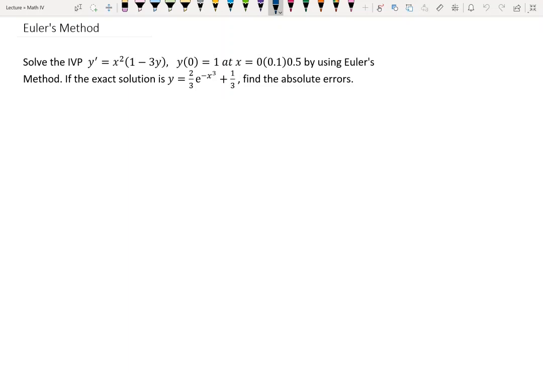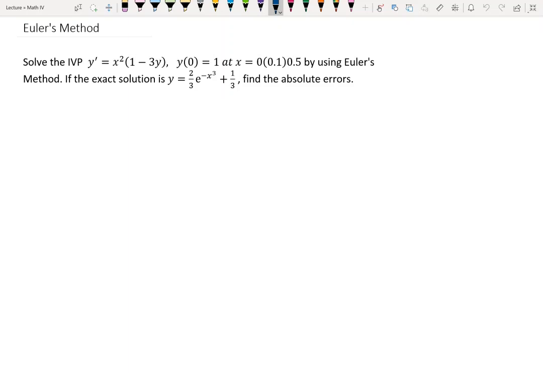So the question is: solve the IVP y prime = x² (1 − 3y) with y(0) = 1 at x = 0, 0.1 and 0.5 by using Euler's method.